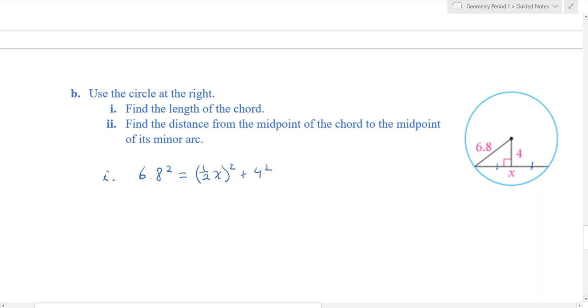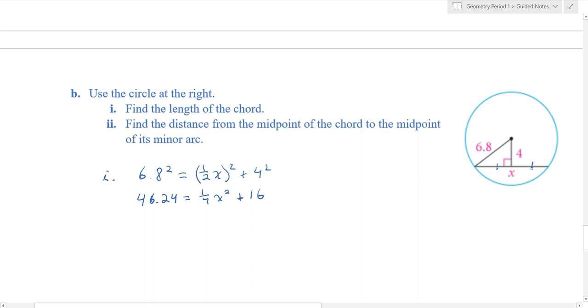I use 1/2 x, remember, because the full length of the chord is x, and since it was bisected, half of x is 1/2 x, which is what we put over here for this little length. Okay, so now we go ahead and square each of those. So we have 6.8 squared happens to be 46.24. That equals 1/2 squared, which is 1/4 x squared, plus 16.